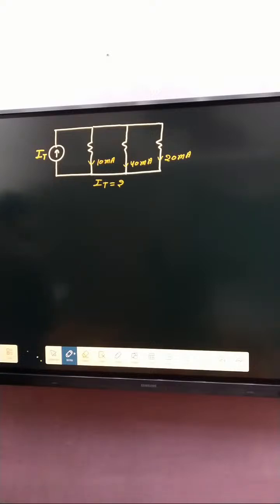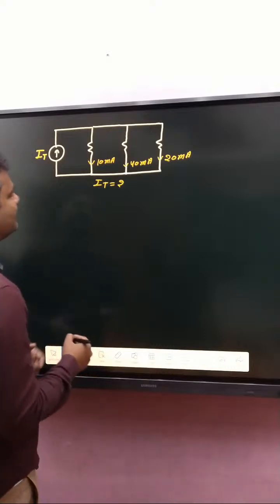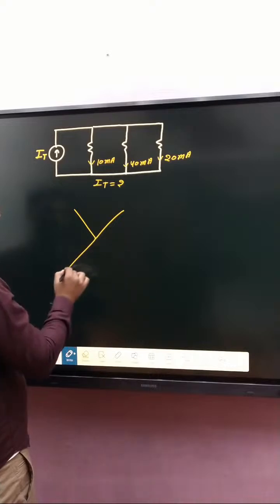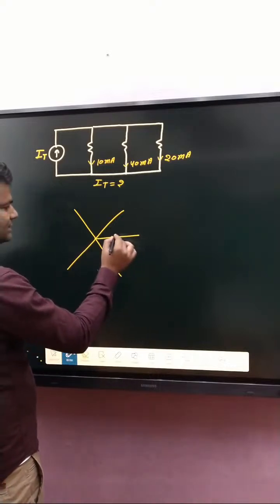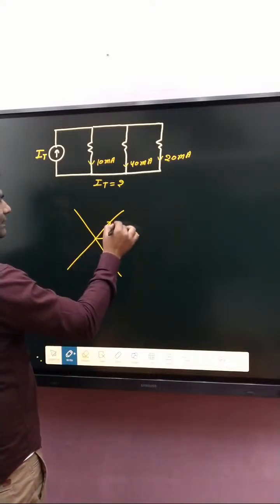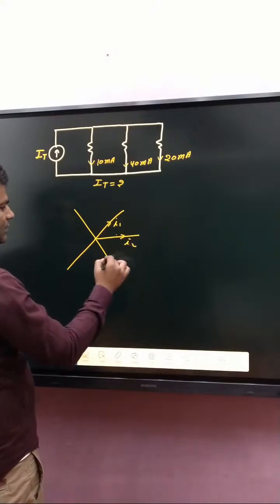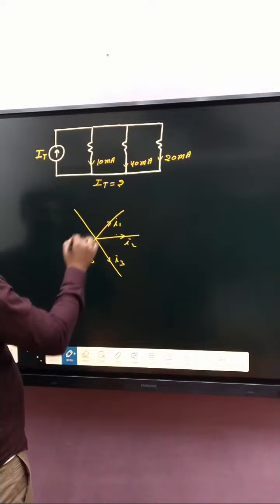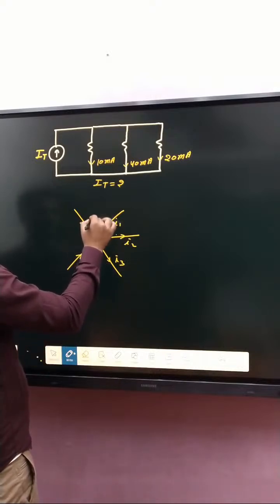Now, we are focused on the question. So I hope everyone tries. What about IT? Simply here KCL. According to KCL, here I1, here I2, whatever the node, here I5, here I4, given like that.